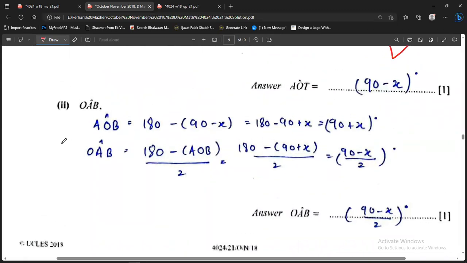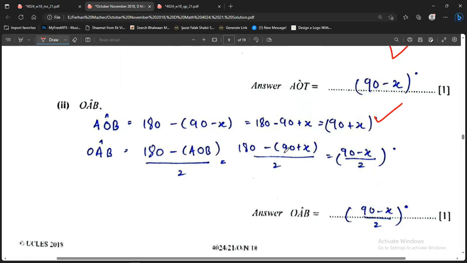So that angle AOB will be equals to 180 minus 90 minus x, and that will be 180 minus 90 plus x, and that will be 90 plus x. Okay. Then the angle OAB will be equals to, because it's an isosceles triangle, 180 minus angle AOB divided by 2.